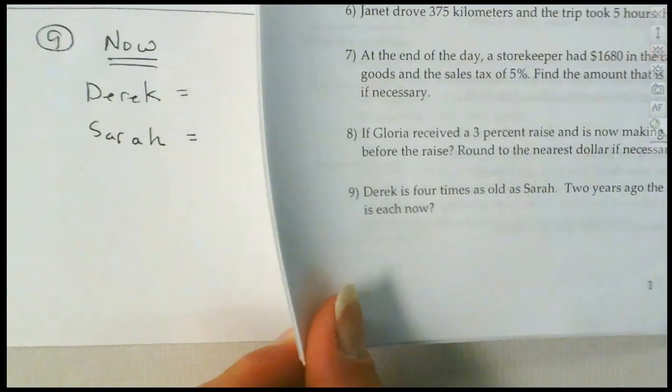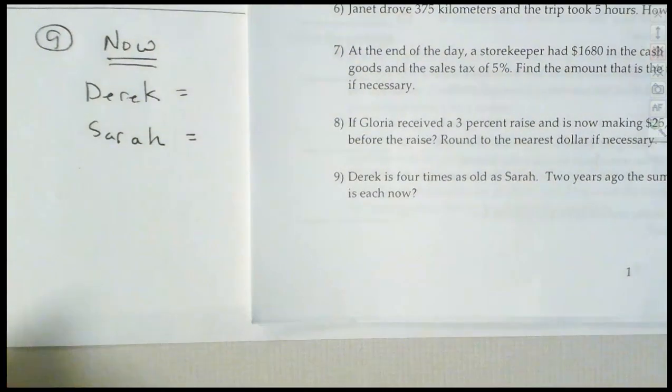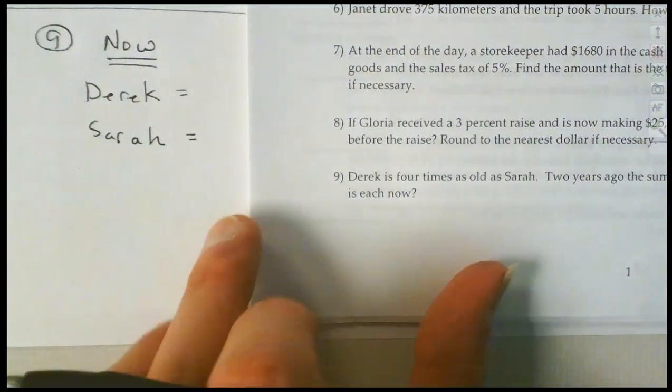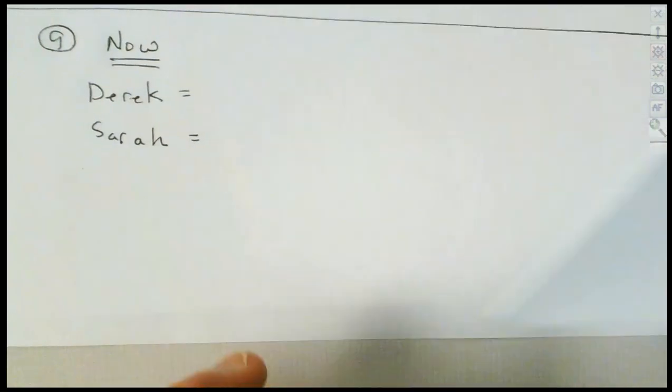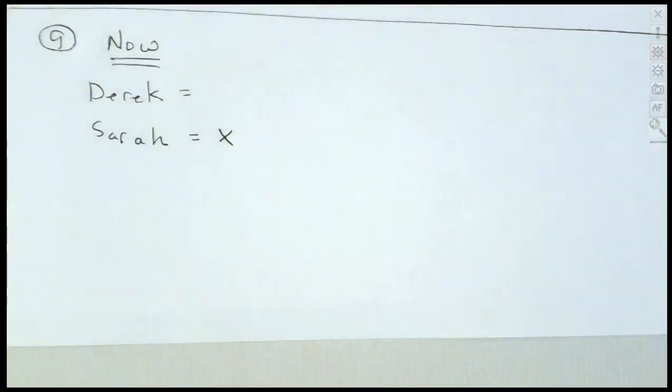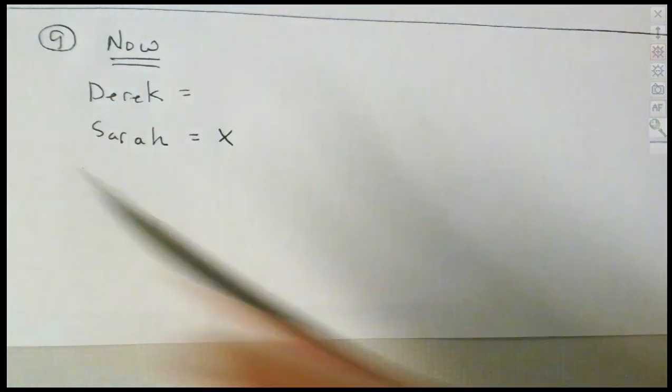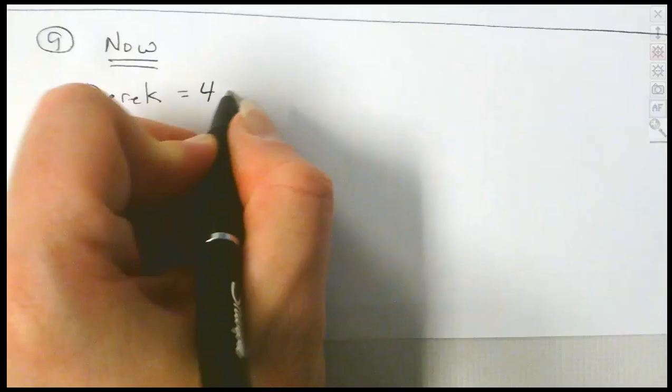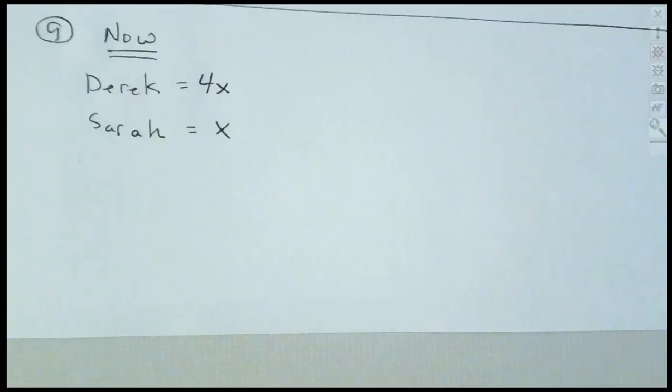Well, if we read our question right here, Derek is 4 times as old as Sarah. We do not know Sarah's age, so I'm going to call Sarah X. And how does Sarah and Derek relate to each other? Well, Derek is quite a bit older, and he's 4 times older, so that's going to be 4x. Is everyone okay with that? Right? See how they relate to each other.